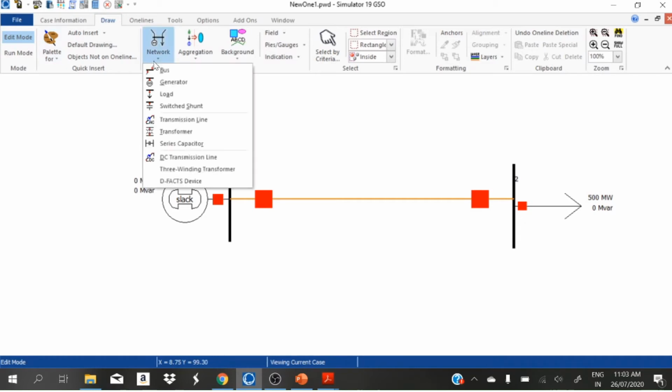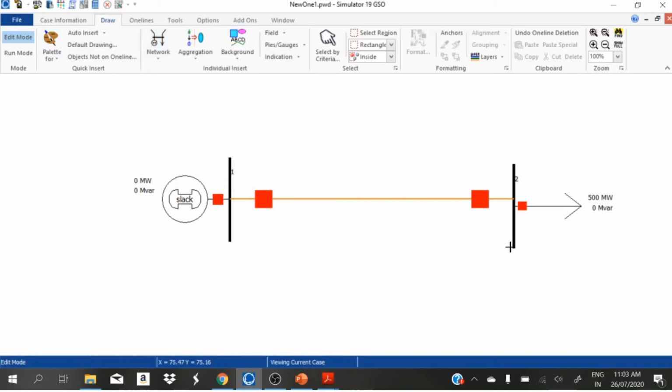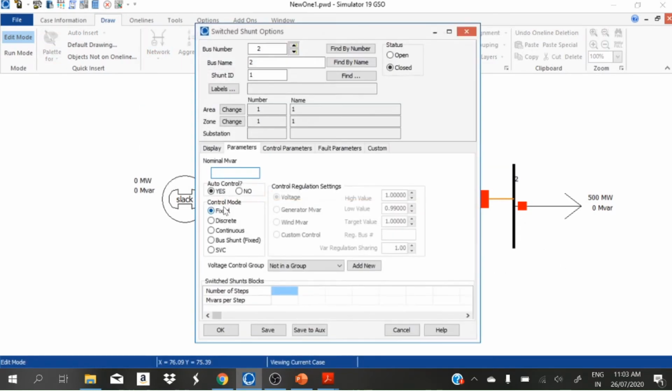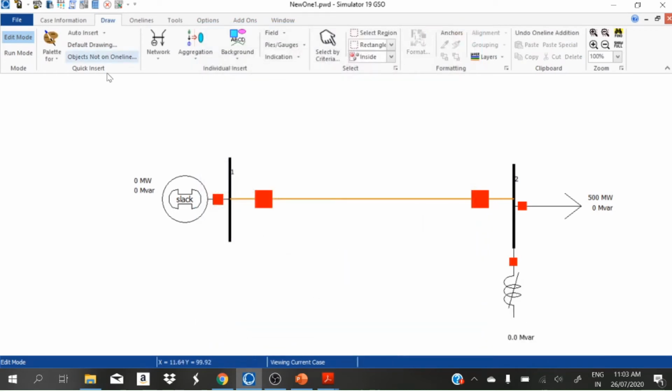Now we can connect the shunt, switch to shunt, at 25 steps of minus 5 MVAR per step.